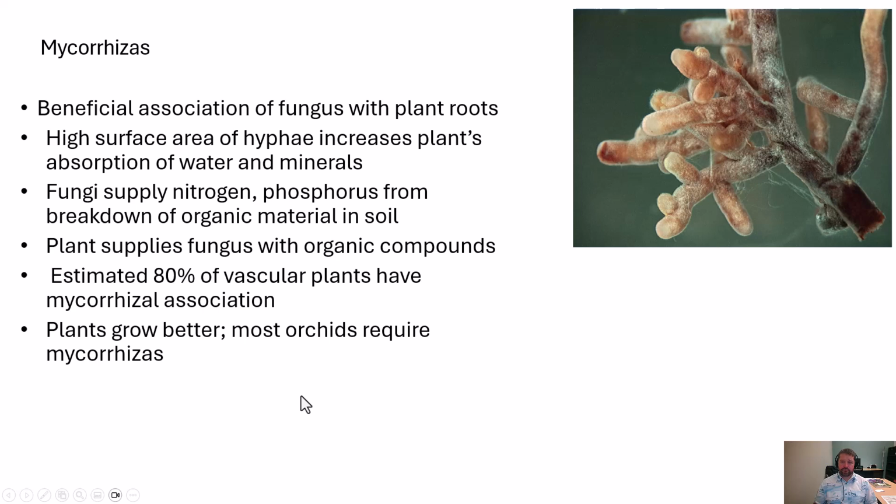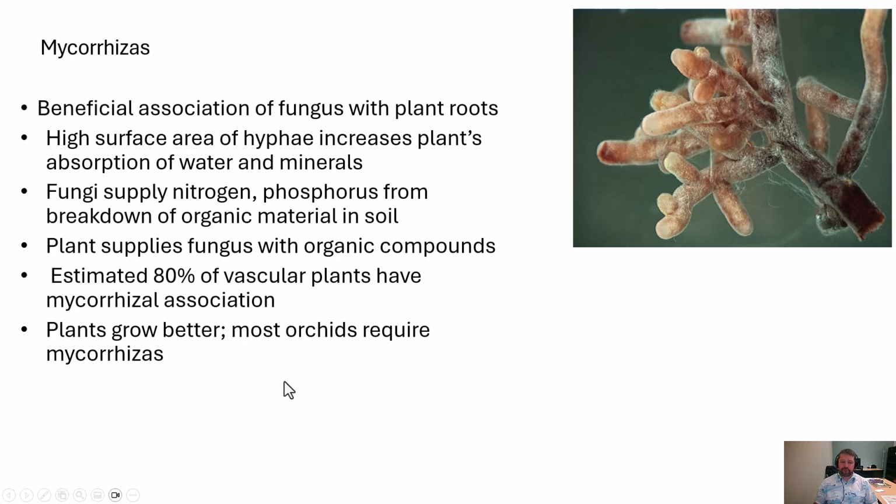When we look at native plants and wild plants, almost 80% of all the plants out there will have some kind of mycorrhizal association. When we sterilize fields and create a monoculture, we tend to not allow for that to happen, and so often that's problematic.